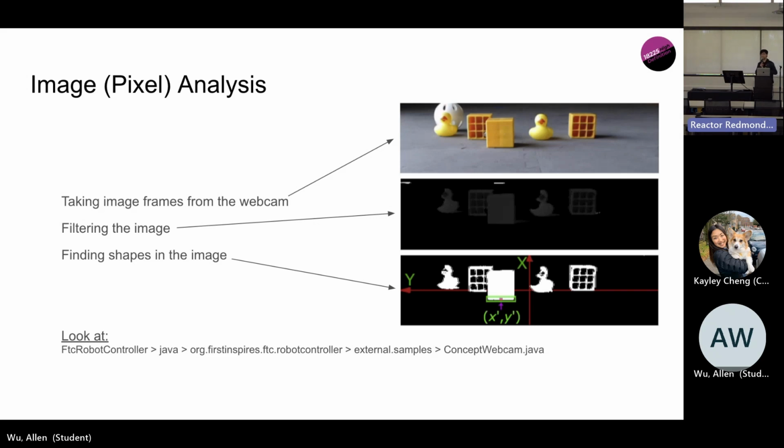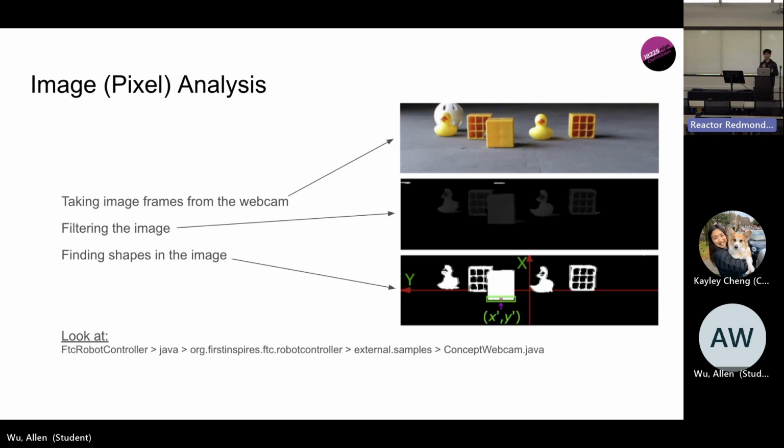Okay, so this has several fundamental steps in order to accurately find objects. First, we have to take image frames from the webcam, like taking a photo of whatever the webcam sees.